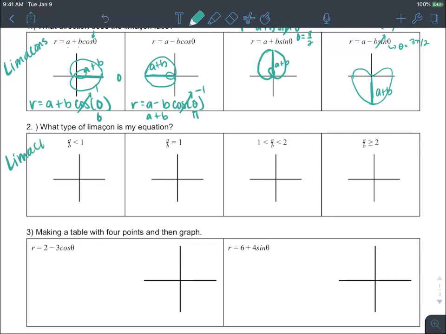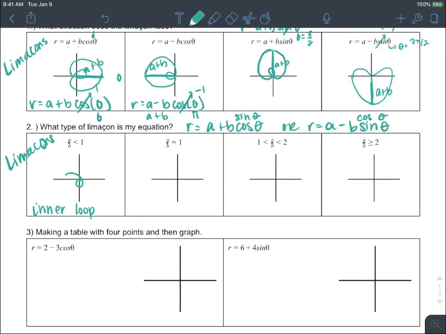If the equation for a limaçon is r equal to a plus b cosine theta, or r equal to a minus b sine or cosine theta, then if a divided by b is less than 1, we get an inner loop, which looks like this.